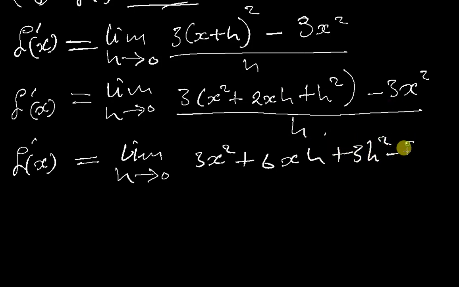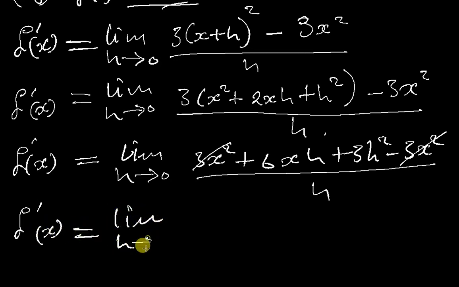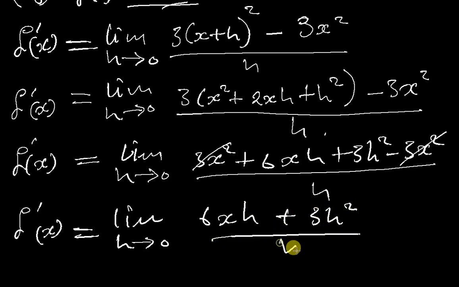Then subtract 3x squared, then everything divided by h. As we can see, this 3x squared and the other 3x squared subtract to give us 0. So we proceed by writing the remaining function, which is 6xh plus 3h squared, and then we divide this by h.